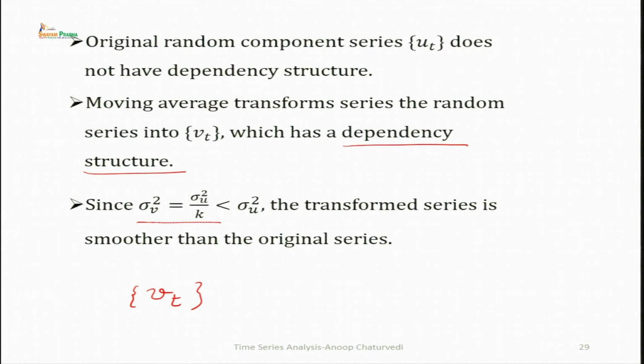So, the transformed series is naturally smoother than the original series. So, these are the two main effects of taking a moving average on the random component series u t. The terms become correlated with each other and the series becomes smoother than the original random series.